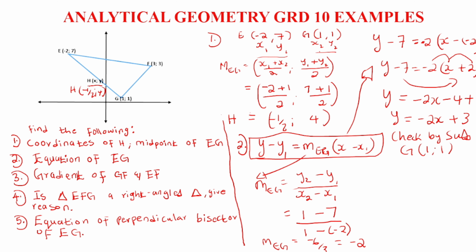Now let's come to number 3. Number 3 is saying that we need to find the gradient of GF. The gradient of GF is going to be equal to the same formula; we already have it here.